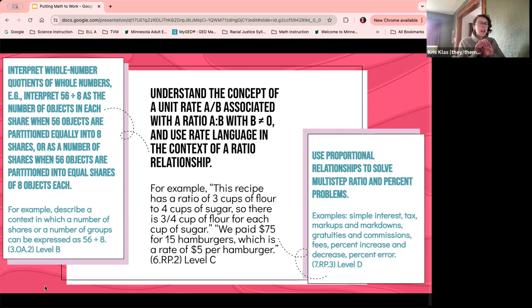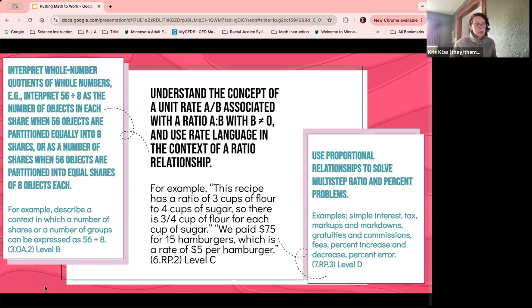So what I did then is I looked back at level B and up to level D to see what other standards I could use to build that coherence. D was a little easier because there's a 7.RP. Using proportional relationships to solve multi-step ratio and percent problems.